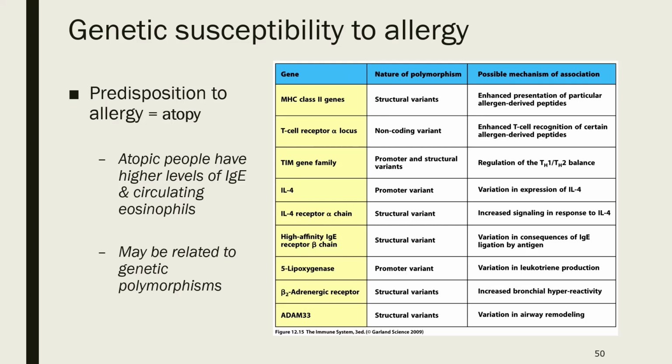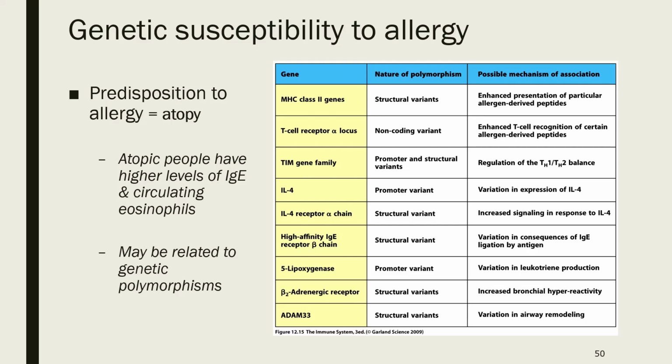There is some type of study linking up to 40% of people of Europe and North America in the Caucasian populations as more likely to make IgE in response to common environmental antigens. So it appears that there is some type of genetic link to it.